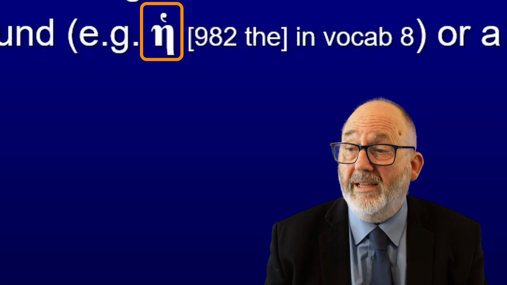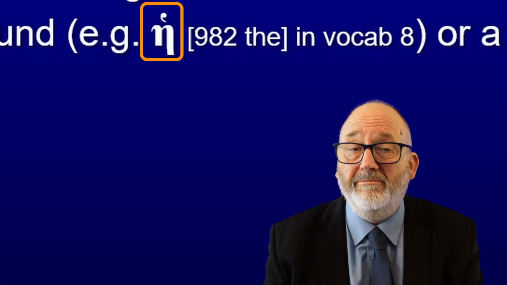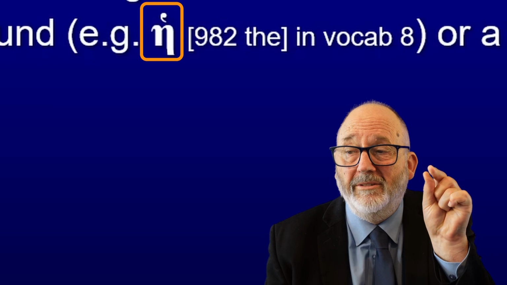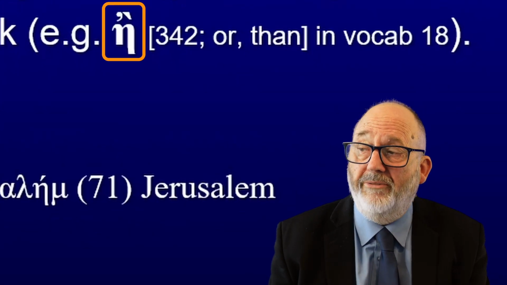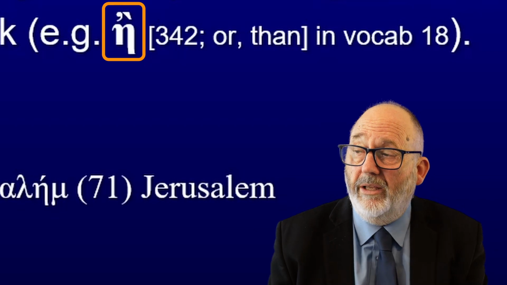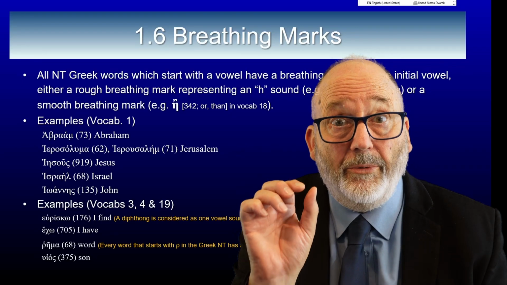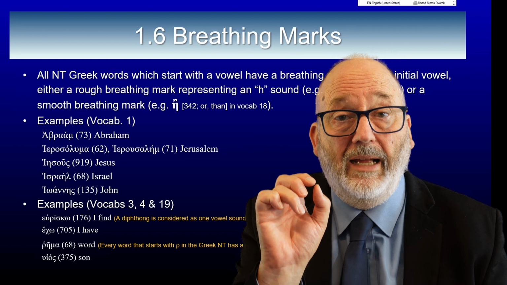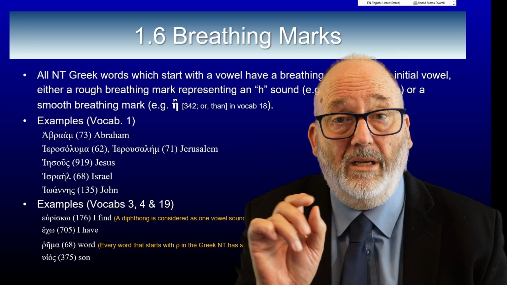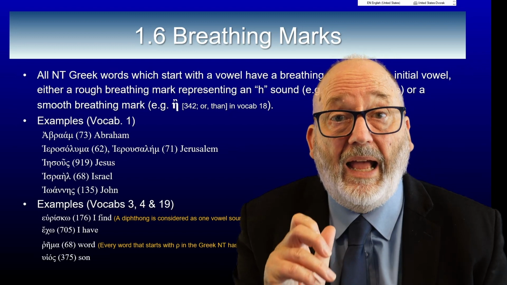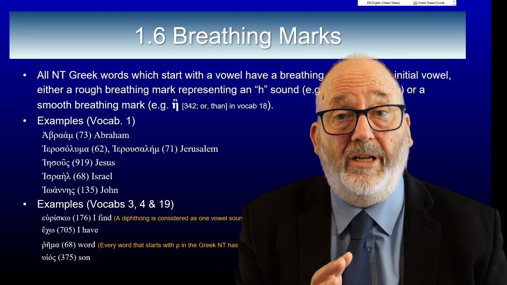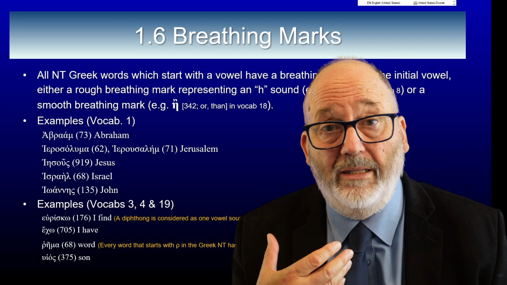You'll notice the mark on the vowel goes forward. A smooth breathing mark, also found on eta, goes the other way. Now the rough breathing mark is an h sound. So if it's over an eta, it sounds like hey. A smooth breathing mark, well, I can't hear the difference.